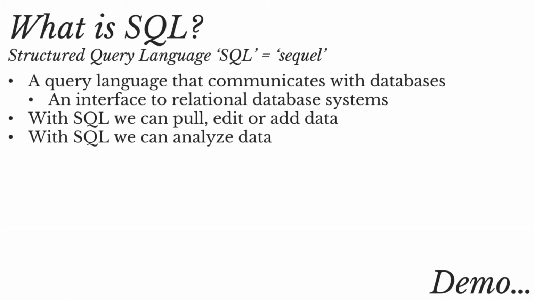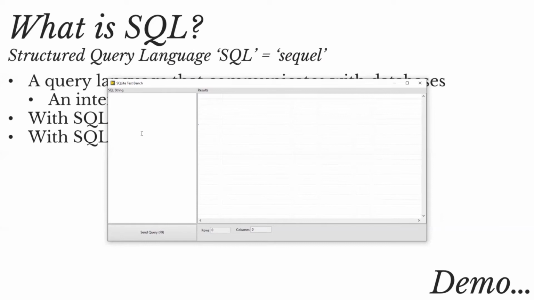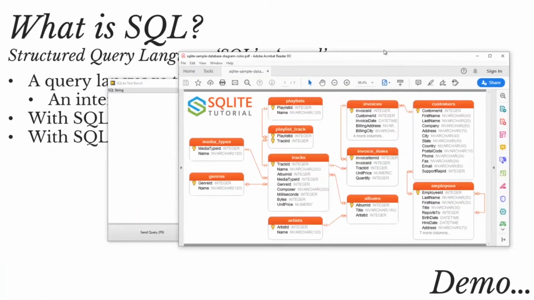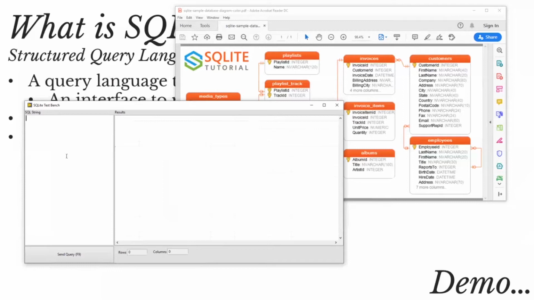So I'll bring up just a little test bench I created, where I can write some SQL queries and it will return some results. So the test bench that's on the screen now is connected to this database that we saw with tracks, artists, customers, etc. And so I can write some queries to get data from that database.